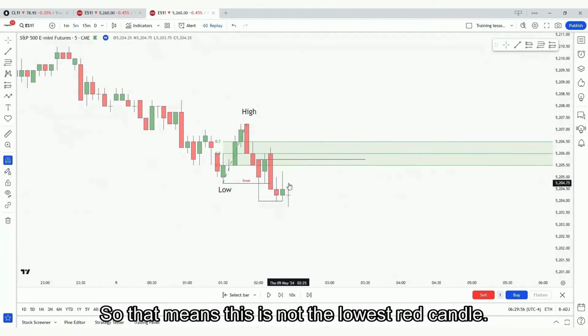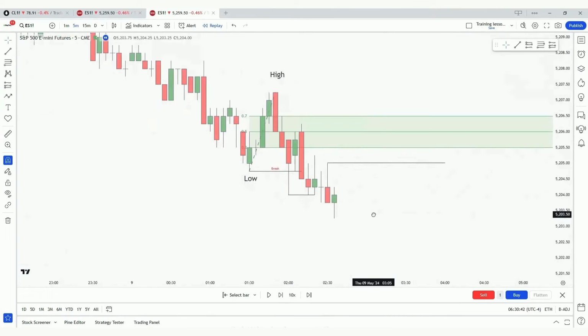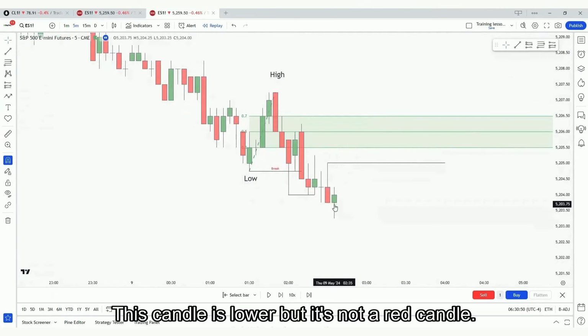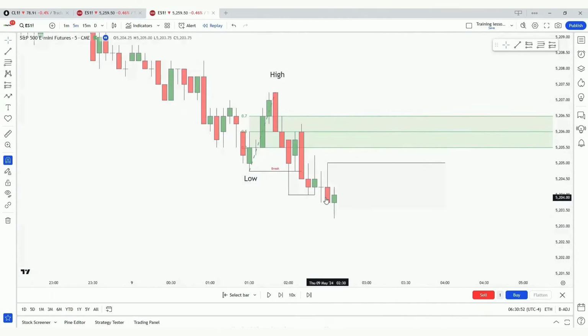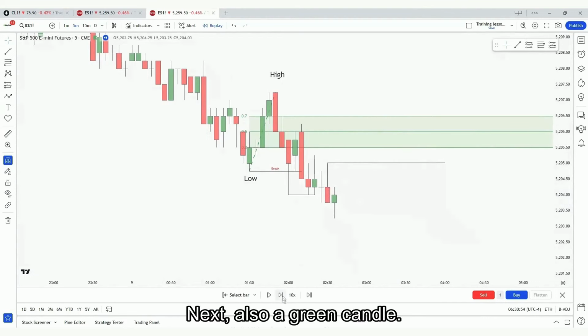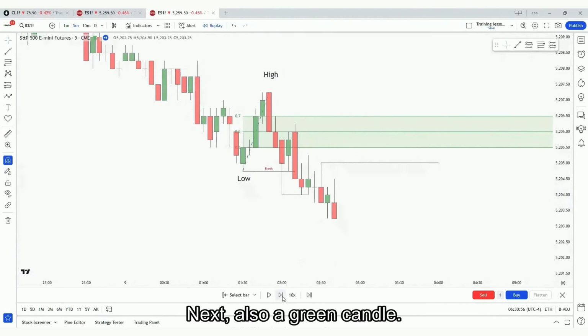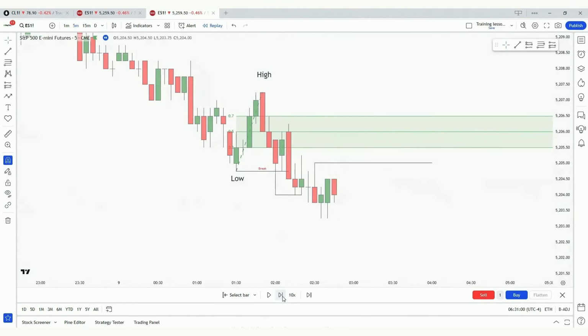Next candle. This candle is lower, but it's not a red candle, so we still look at this candle. Next. Also a green candle. This one is not going lower.